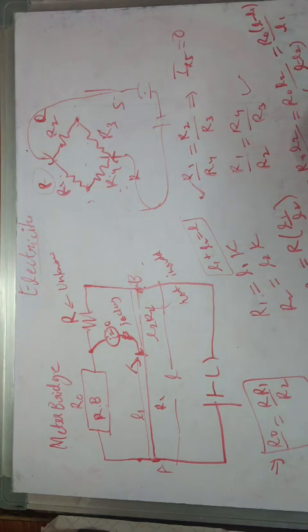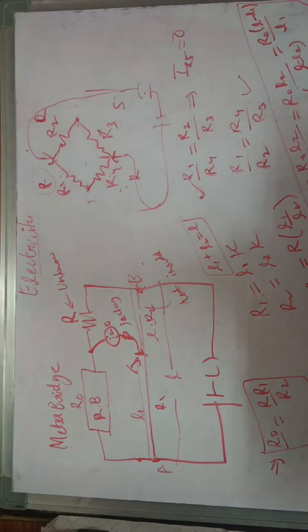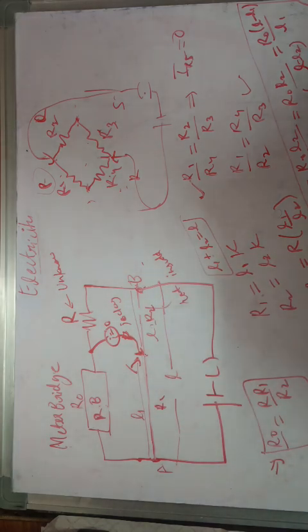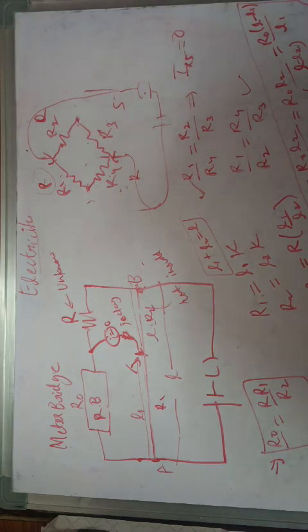This is how we calculate the unknown resistor in this case. In general, the length is measured from this point A, and it depends on the arrangement of the resistors in the circuit.